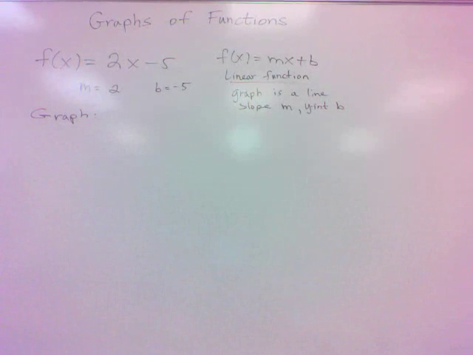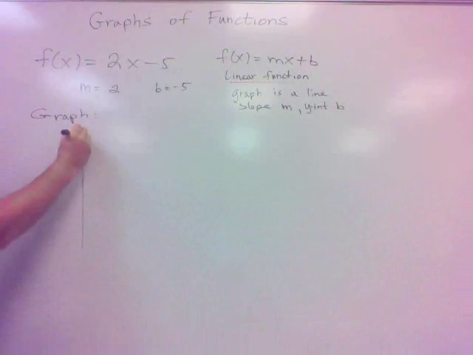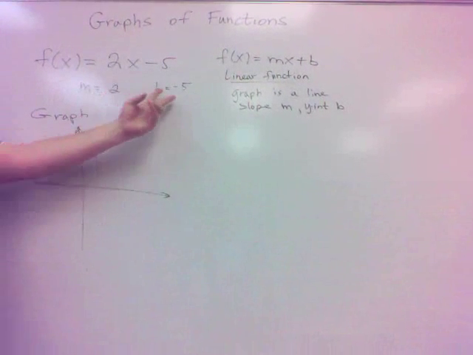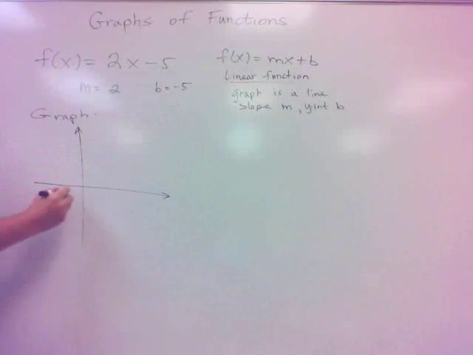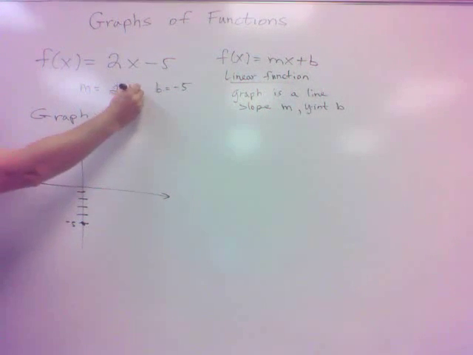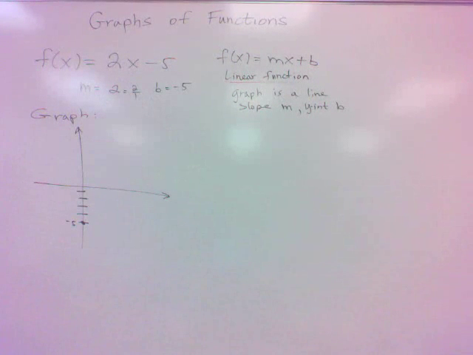And so if I wanted to graph this function, there's a number of ways I could do it, but that's one way. The b tells me the y-intercept, so let's go to the y-axis here at -5. And then the slope, we can say that's 2 over 1, rise over run. So from that y-intercept, rise 2, run 1.